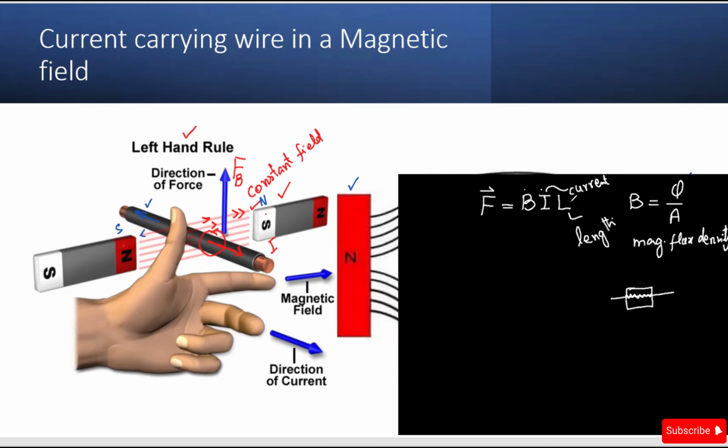So by increasing any of these parameters, we can increase the force, or by decreasing any of them, we can decrease the force. Now here we know what current is. Current is the rate of flow of charge, meaning that mathematically it is charge divided by time.